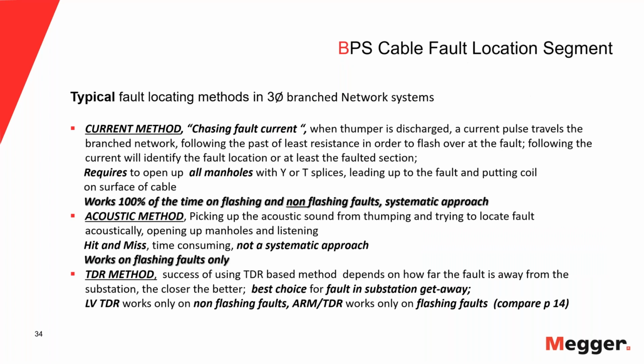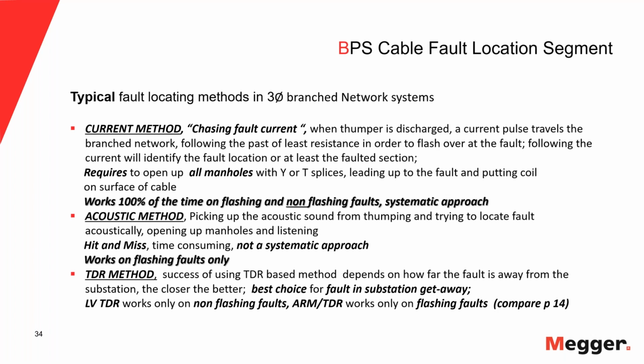So what are the typical methods to fault locate? We call it the current method, or in more colloquial jargon, chasing the fault current. Because there's one thing about the fault current: fault current will find the fault.